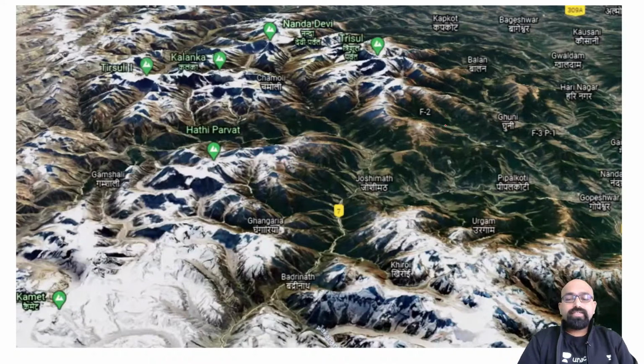So see, this is the kind of topography in this area. This region consists of rugged mountain ranges in all directions, separated by narrow valleys, right?